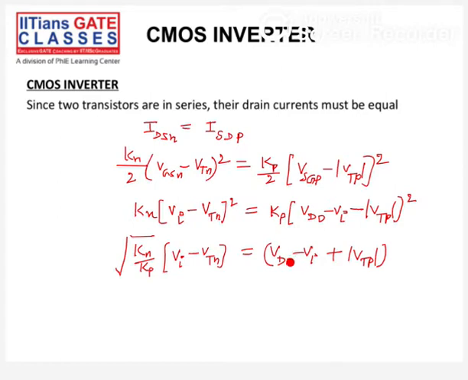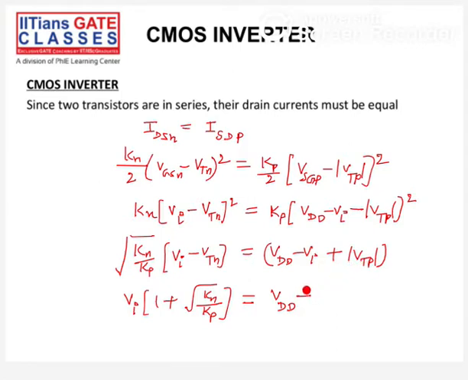So I think it is clear up to here. So now we'll take Vi from both sides. On one side, that Vi will take common and it will be 1 plus square root Kn divided by Kp, and it is equal to Vdd minus mod of VTP.